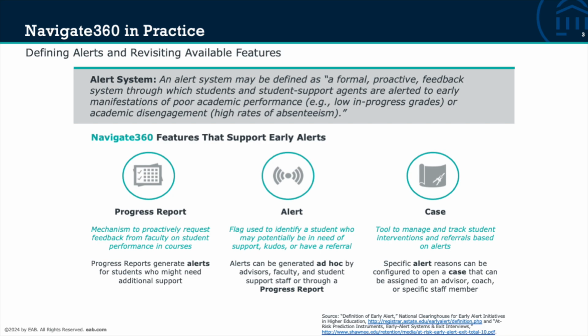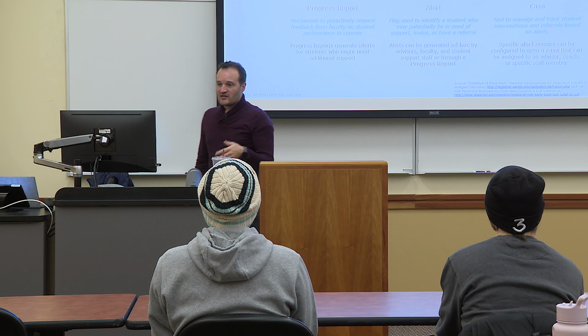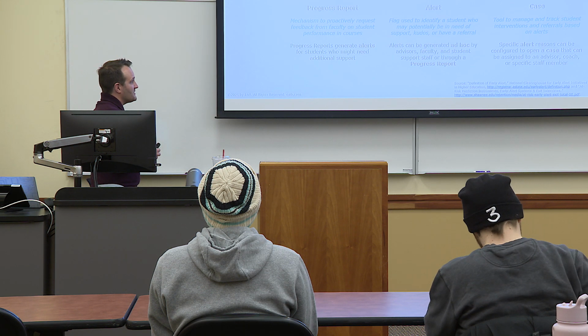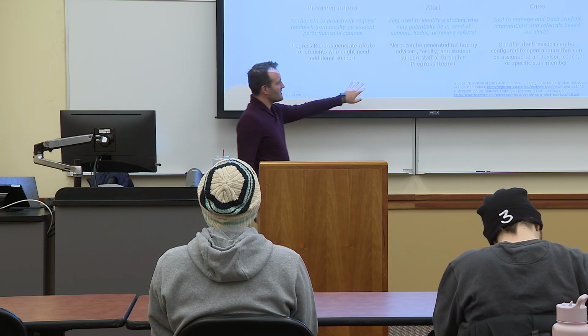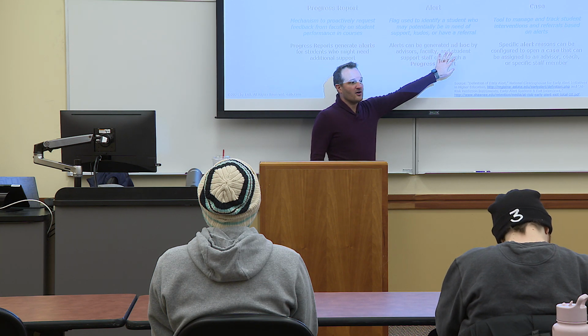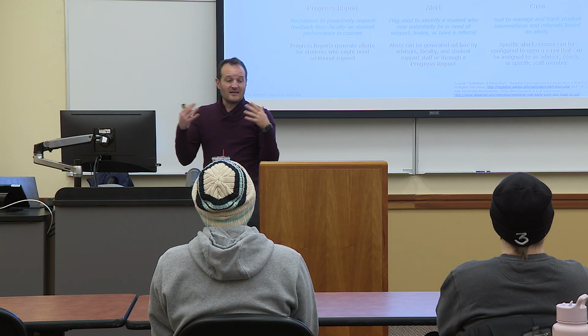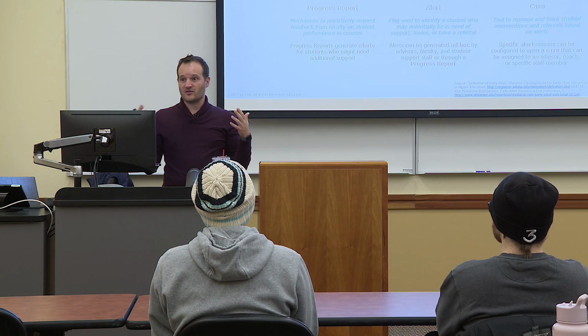They are providing that feedback as an alert. So that alert is a way for us to identify the reason or the flag around a student. Like I said, most of the time that's going to come from a progress report, but that can also be raised ad hoc. So any faculty and also any staff member could raise an alert around a student.